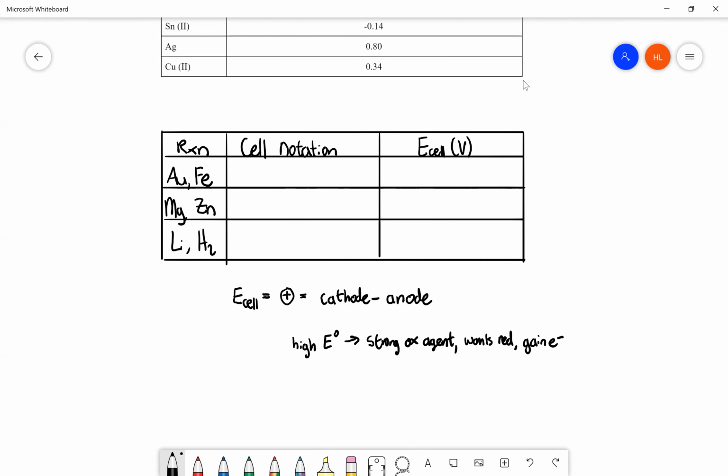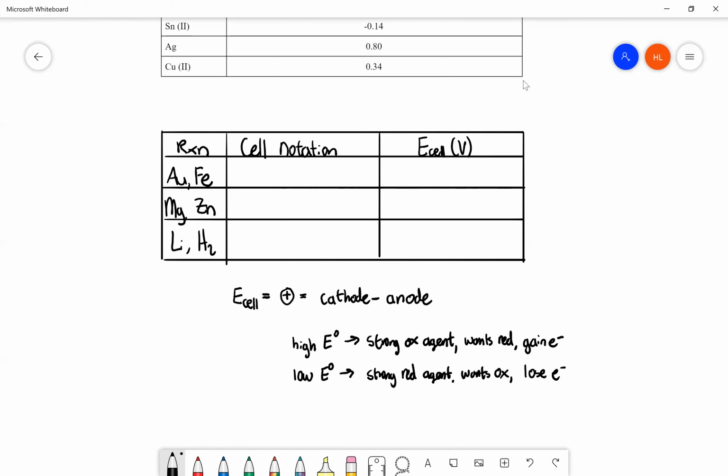Conversely, if we have a low standard reduction potential or a large negative standard reduction potential, we have a strong reducing agent, or something that wants to be oxidized or lose electrons.